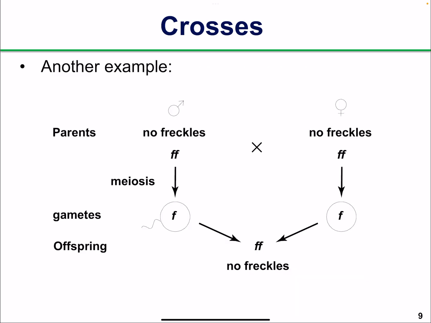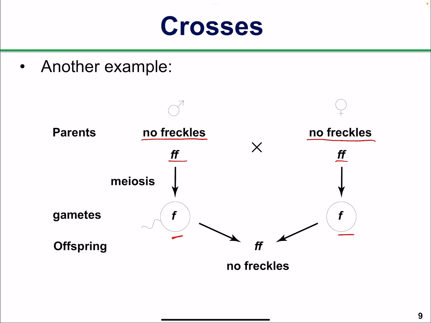All right. So let's say that we are crossing two parents. One with no freckles, a male, and a female with no freckles. We know that no freckles is a recessive feature, so the individuals are going to be homozygous recessive. So the sperm is going to have only one possibility, lowercase f.